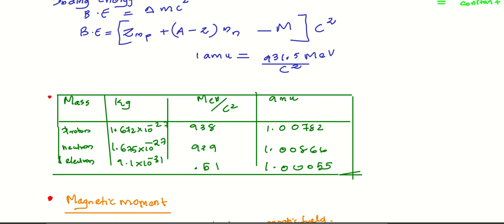For electron 1.00055. Okay. So you get the idea.